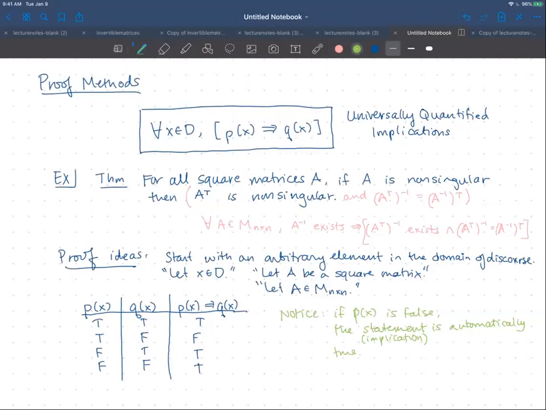So we don't really need to worry about the case where P of x is false. If it is, there's nothing to show, because the way that the implication is defined as a logical connective means that it's automatically true when your premise is false.